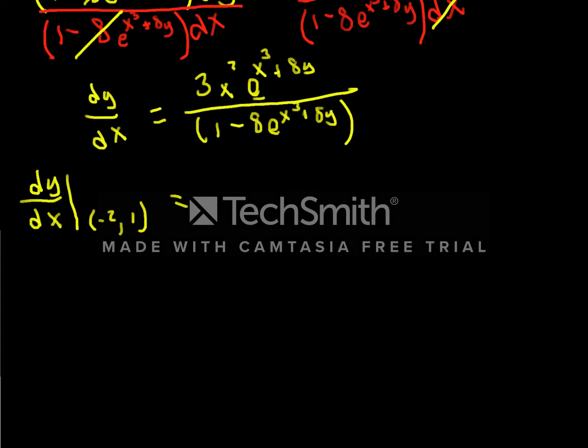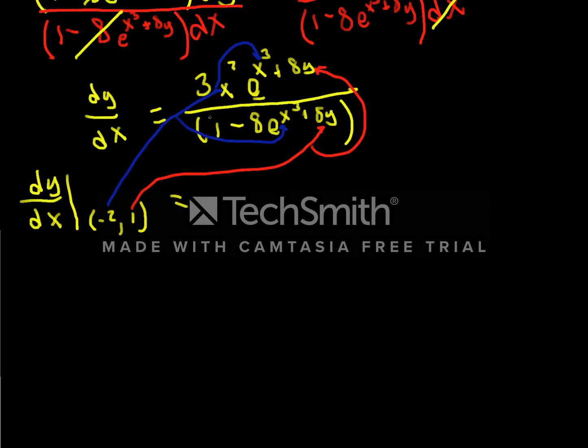So I've got to put my negative 2 in for x. So I'm going to put my negative 2 right here, as well as here, as well as there. And similarly for the 1, that's my value for y. So I'm going to have to put it here and put it up there.